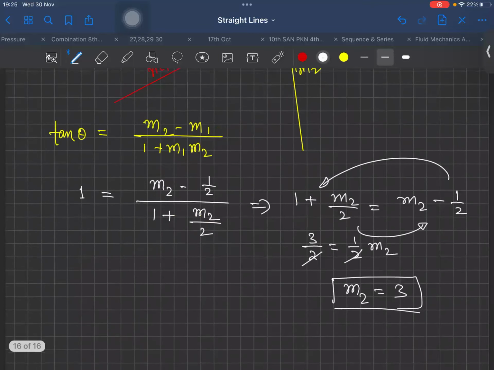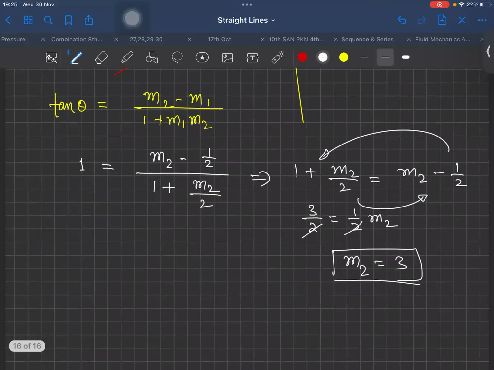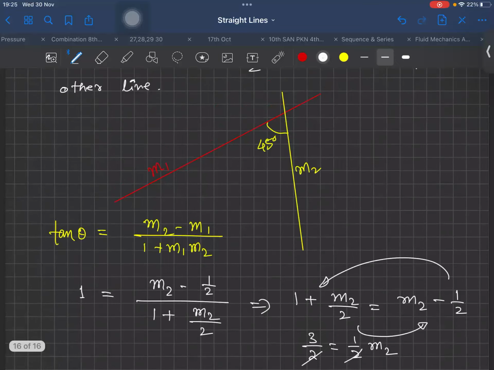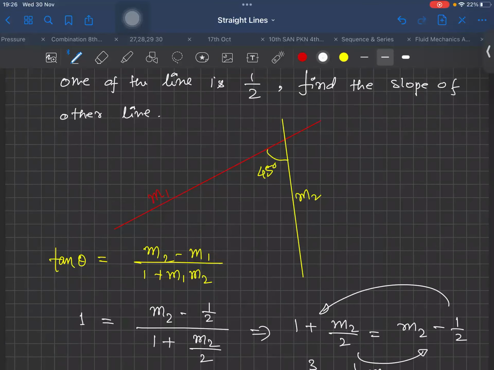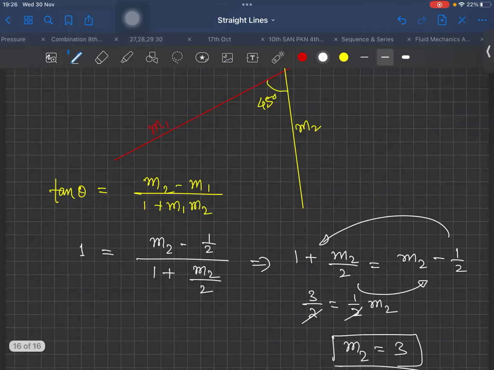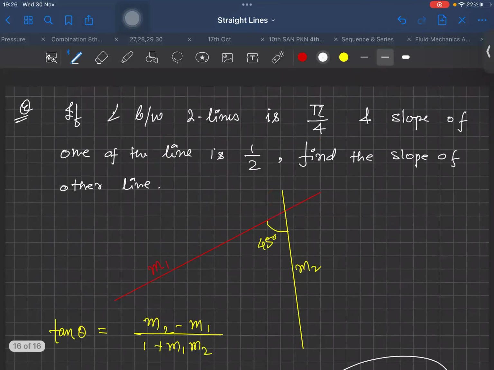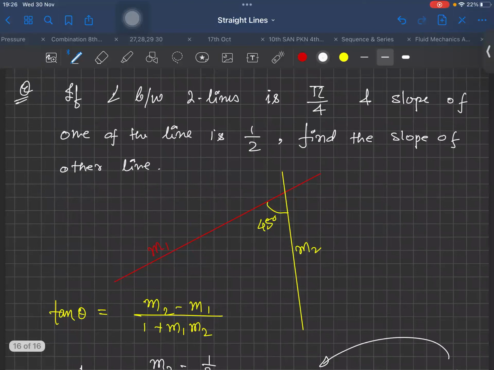There are two values of M2 possible. Can you tell me how two values of M2 are possible? Using a straight line only. Don't go with equations, forget about equations. Just see, if two lines are intersecting, this red line and yellow line, you are getting one slope M2, right? And the angle between them is 45. Is there any other way this line can intersect?